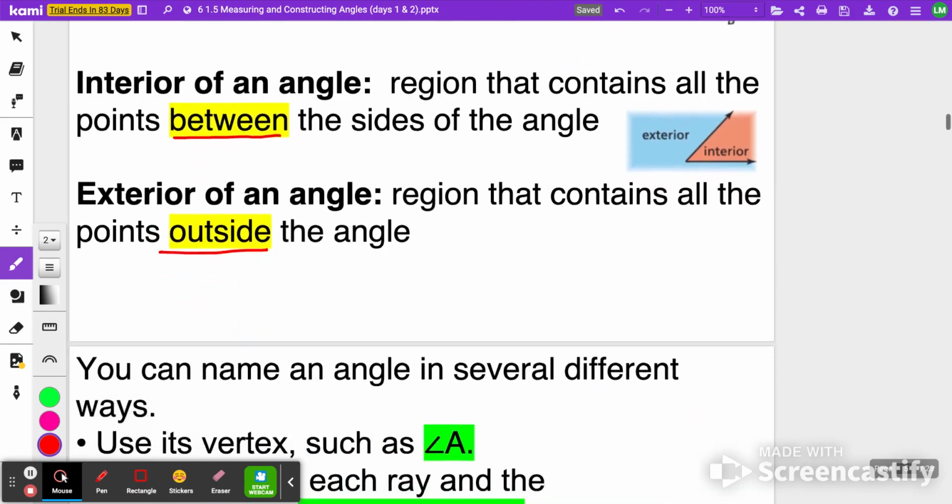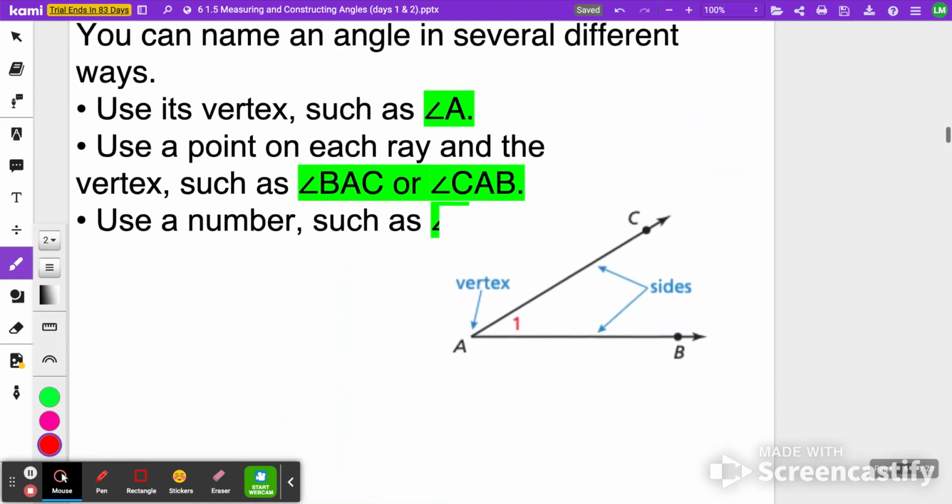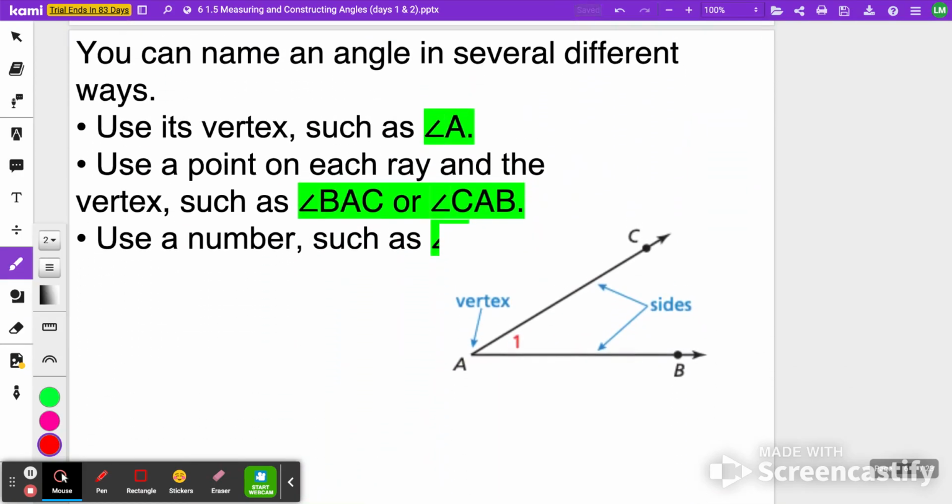We can always name an angle in many different ways, so we want to make sure that we understand the ways that we're labeling these. The first way you can label it is by its vertex, like this is angle A. Again, this sign right here means angle. You can use a point on each ray and the vertex, such as BAC.